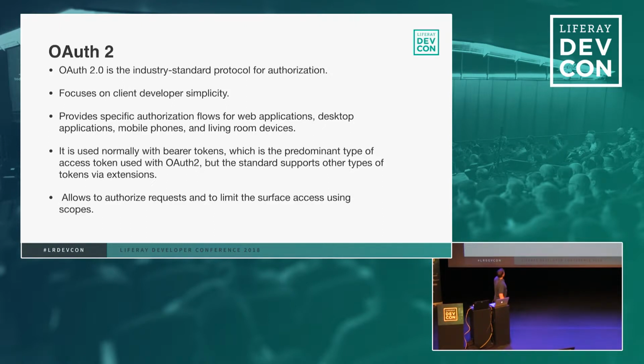The implementation that we provide allows you to authorize requests and to limit the surface access using scopes. Scopes are one part of OAuth2, and we use them a lot in our implementation. So you can actually shape and tailor the parts of your API that you want to expose. One of the things we have taken good care of is that we wanted to provide all the tooling you need to deliver a consistent, coherent API to your customers.